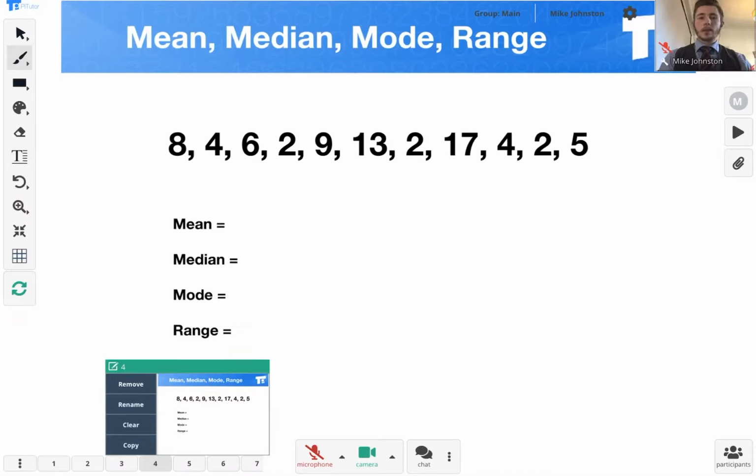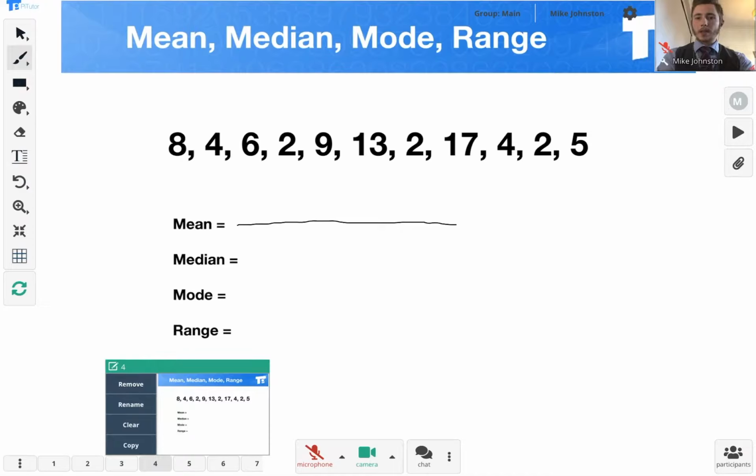What we need to do for this is work out the mean, median, mode and range, and these are called descriptive statistics for this set of data. First, it's best to think of this as a fraction, especially if you've got a scientific calculator, which all of you will need to get at some point.